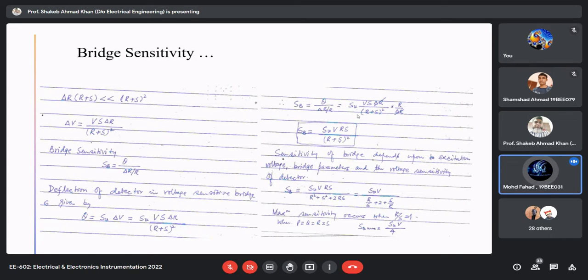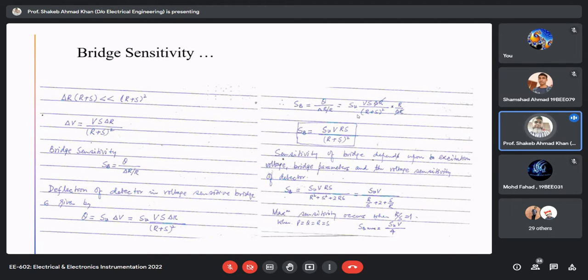So, we have derived this so that we can know what the sensitivity of the instrument may be that we must choose so as to get better sensitivity of the bridge. As you know, sensitivity is an attribute, we always desire that sensitivity of the measurement system should be high, obviously with respect to the parameter which we want to measure.